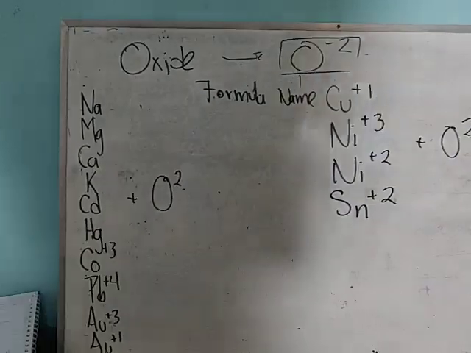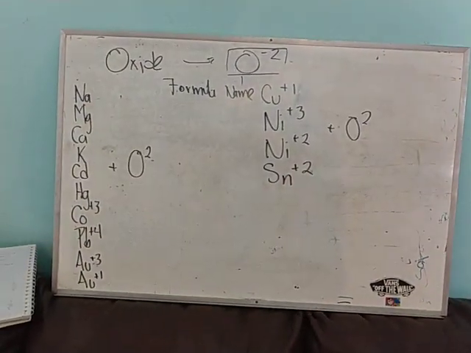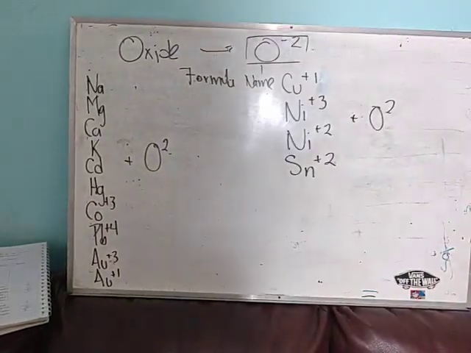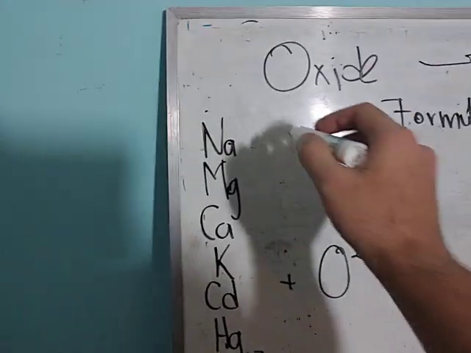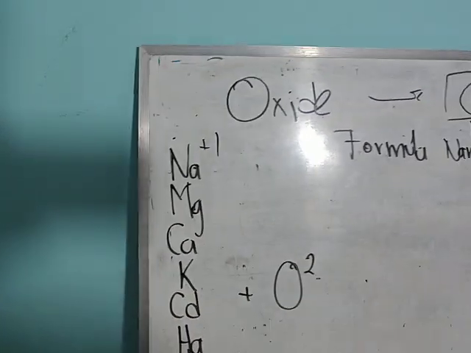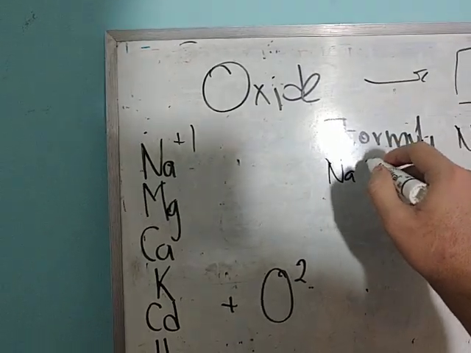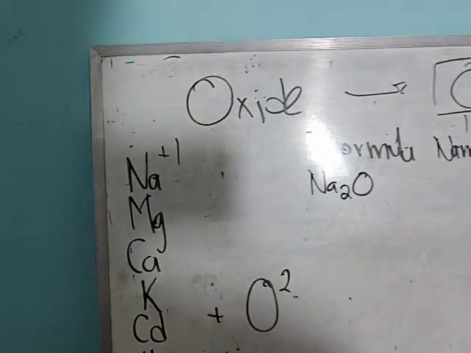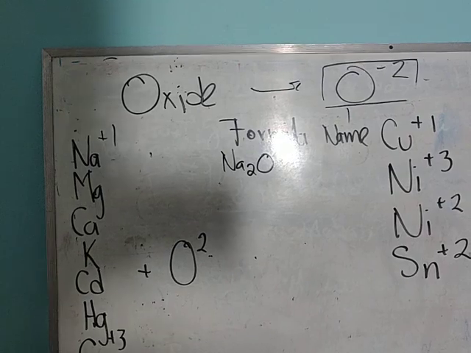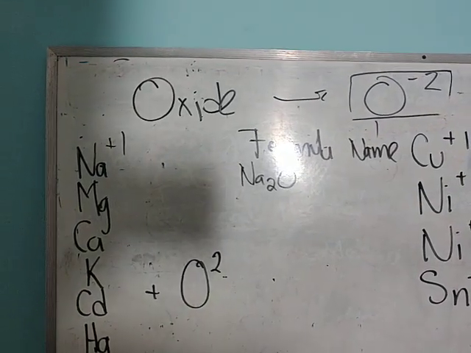All of the formulas that we have are oxides. So, what do we have to do? First, identify what number they are working with. In this case, the sodium is working with +1. So the correct formula is going to be this way.